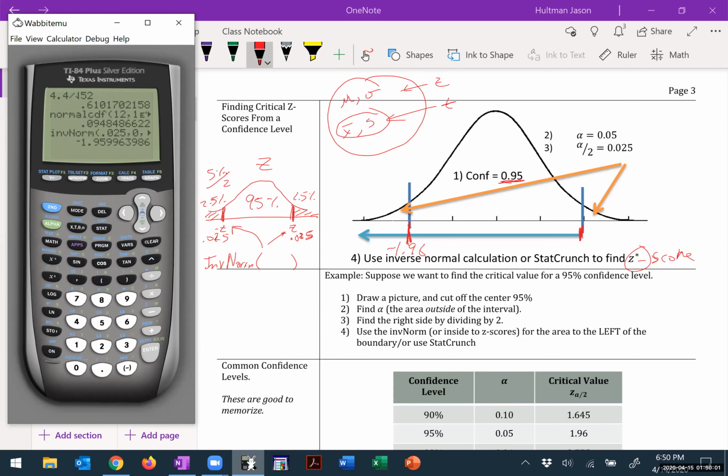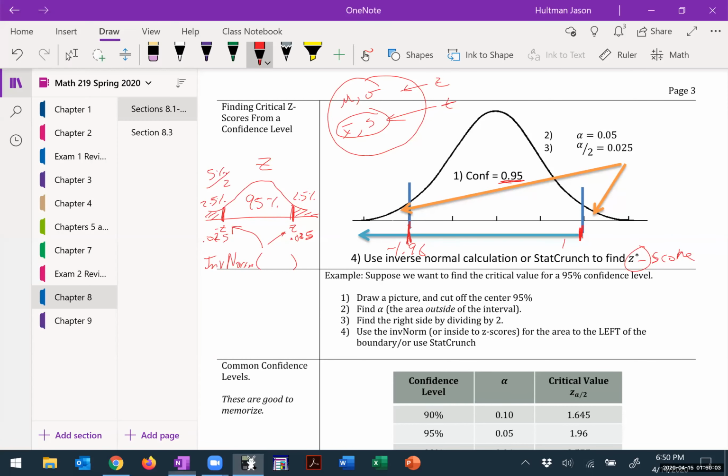Which means your upper bound is going to be the same thing, but positive 1.96. This is called my Z star. This is my Z star for 95%.